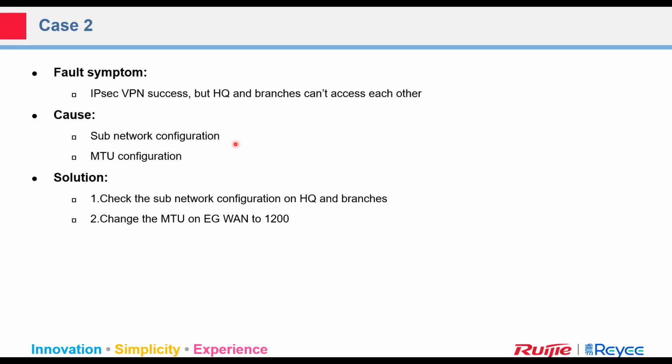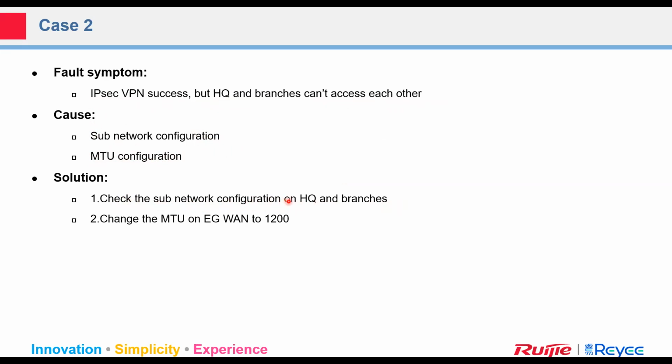Second symptom is if the IPsec VPN succeeds, but HQ and branches cannot access each other. This is probably a sub-network configuration issue or the MTU configuration. So we have to check whether the VLAN or the sub-network configuration on the HQ and branches is correct.